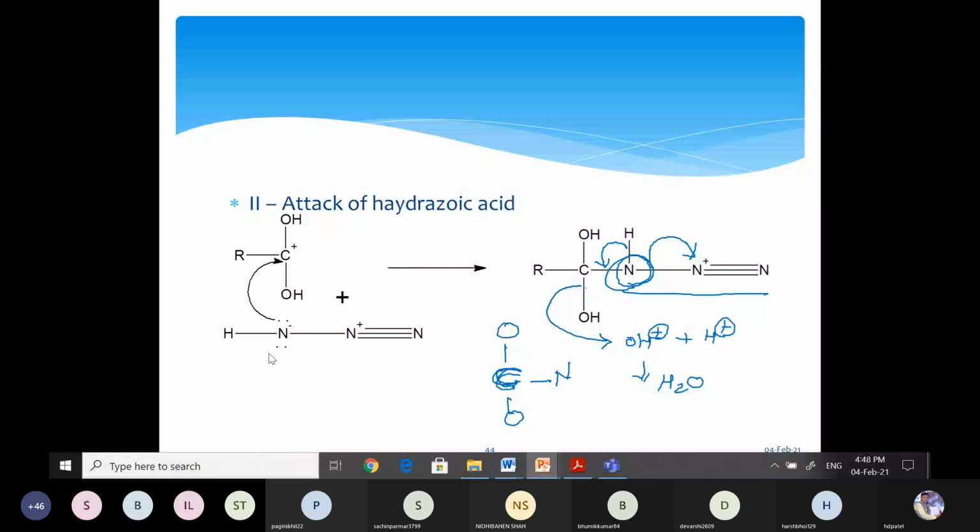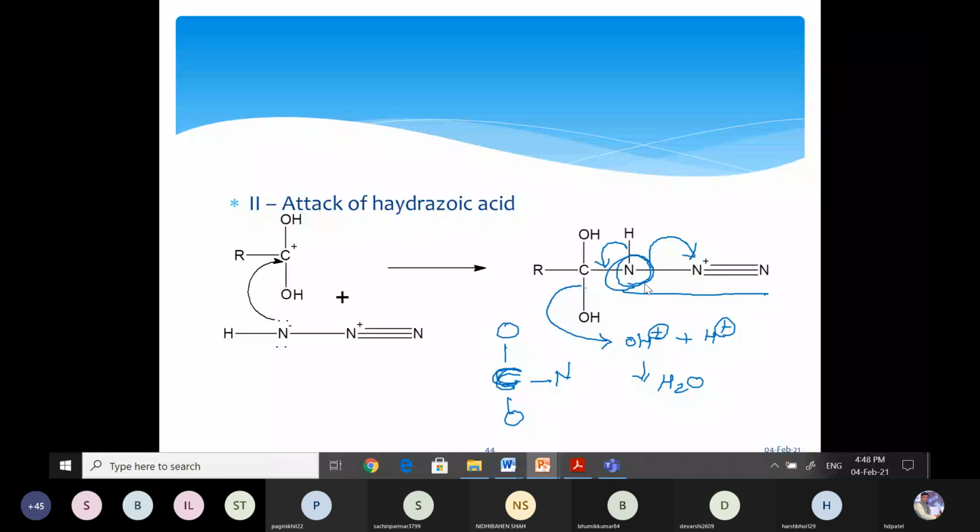Now from this, first of all, the removal of a water molecule takes place, because the carbon has this type of arrangement: carbon is attached with oxygen, oxygen and nitrogen. It means a highly unstable compound, due to the characteristic of this type of arrangement.